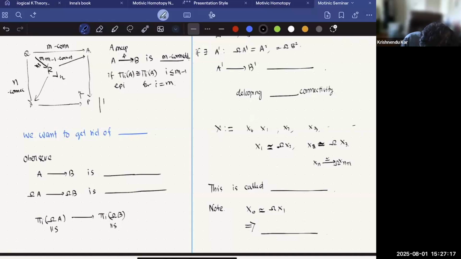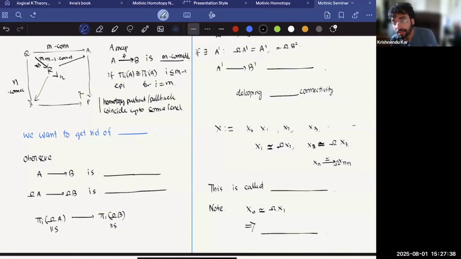So a homotopy pushout slash pullback coincide up to some level, up to some connectivity level.